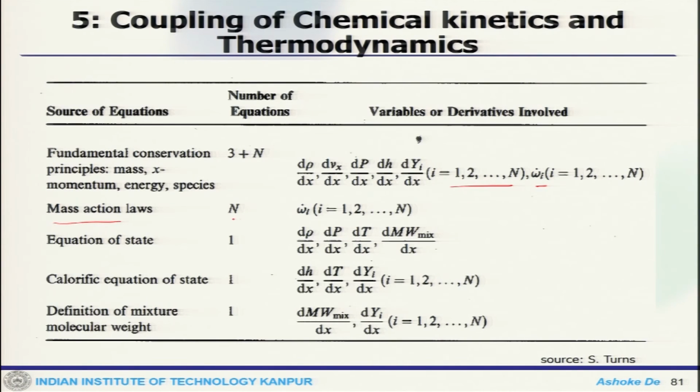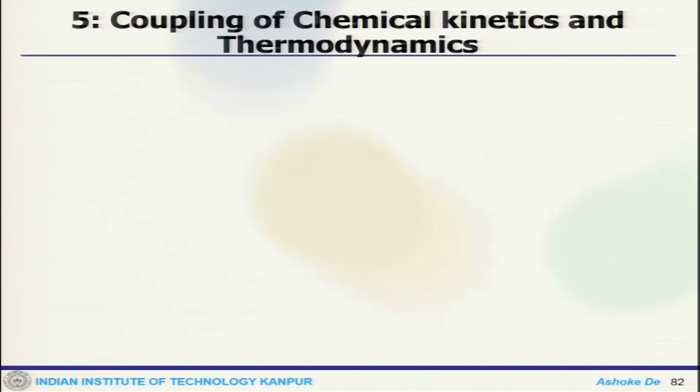Then the equation of state, 1, which contains these derivatives, d rho by dx, dP by dx, dT by dx, and the calorific equation of state and the definition of mixture molecular weight. So, these are the sources of equations, the number of equations, and the variables involved.